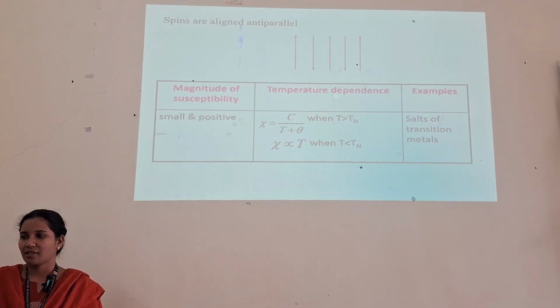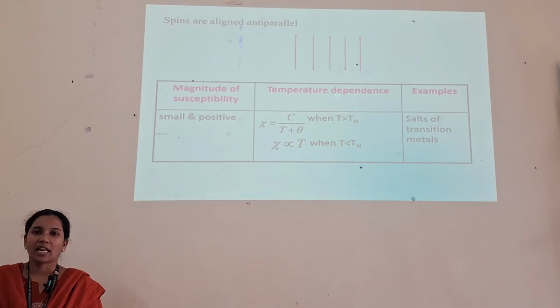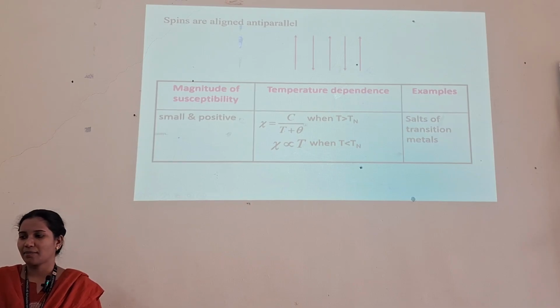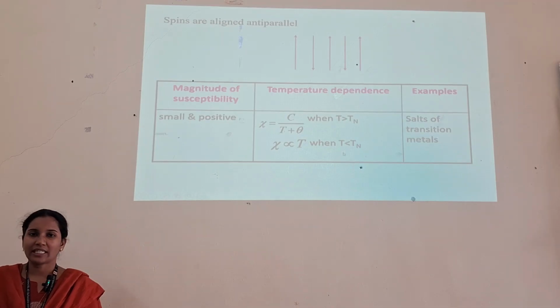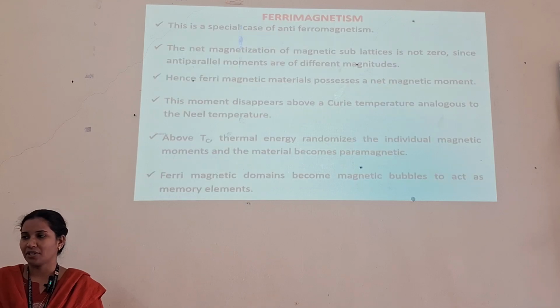The magnitude of susceptibility is small and positive. Spins are aligned antiparallel. Temperature dependence: chi is equal to C by T plus theta when T is greater than TN, and chi is directly proportional to T when T is less than TN. The examples of antiferromagnetic materials are salts of transition metals.